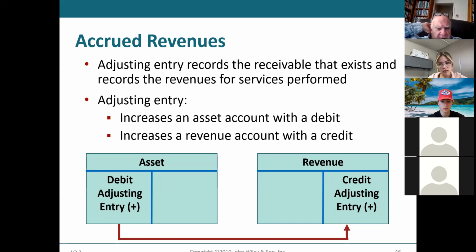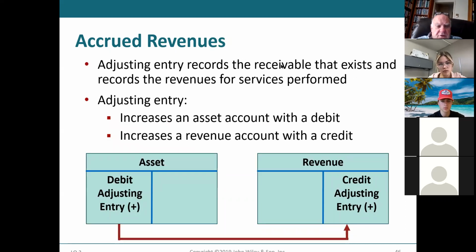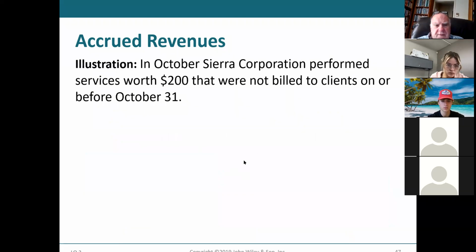Well, they're not going to pay that year's interest until the end of the year, but we have to record that income. So we're going to debit interest receivable and credit interest revenue.